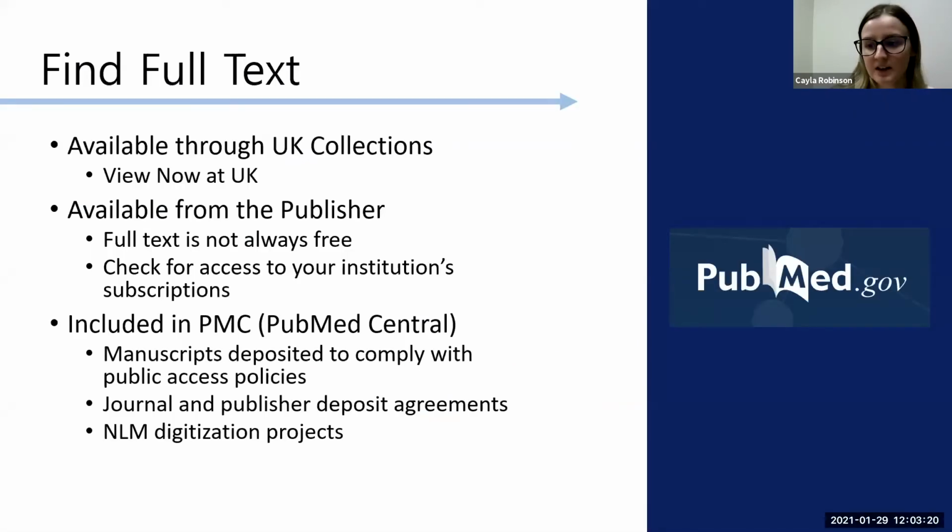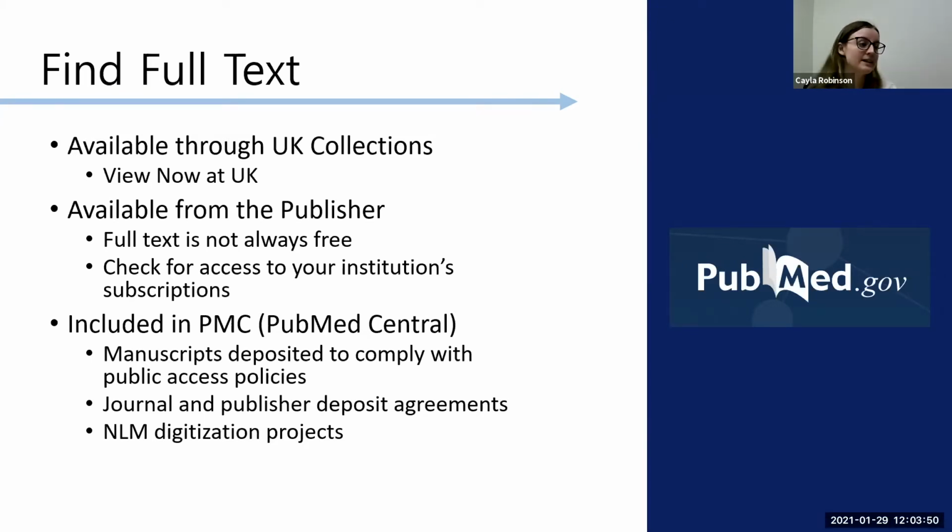One of the most important features of PubMed is the find full text feature. When you're searching for an article and you find one that you really like and want to read, we have a button on PubMed that allows you to find the full text. It's called the View Now UK button. It's going to be on the right-hand side of the PubMed article page, on the very far right-hand side. It'll be a smallish button.